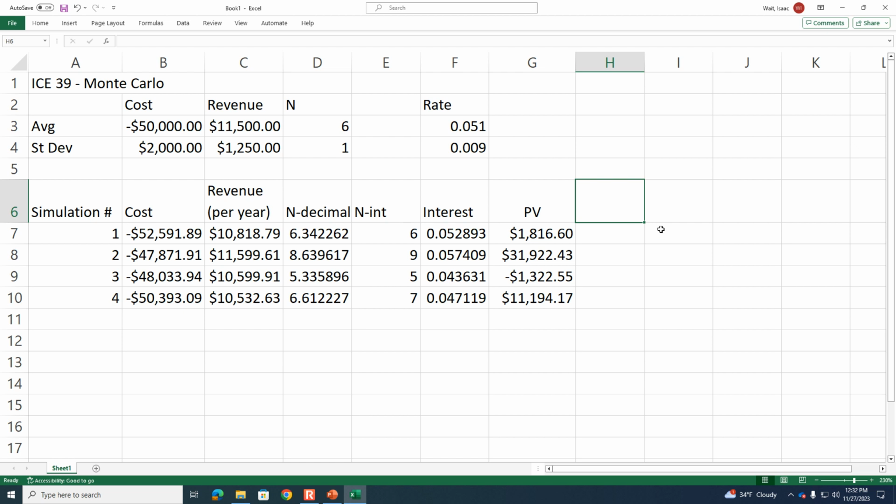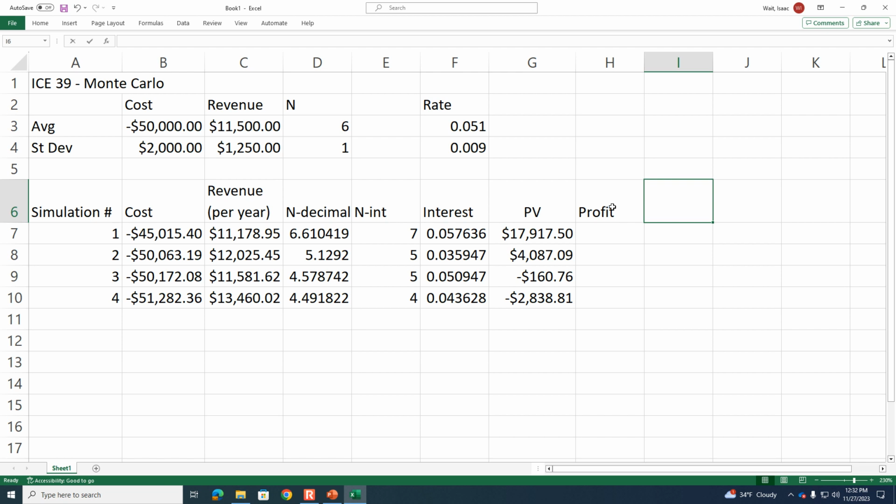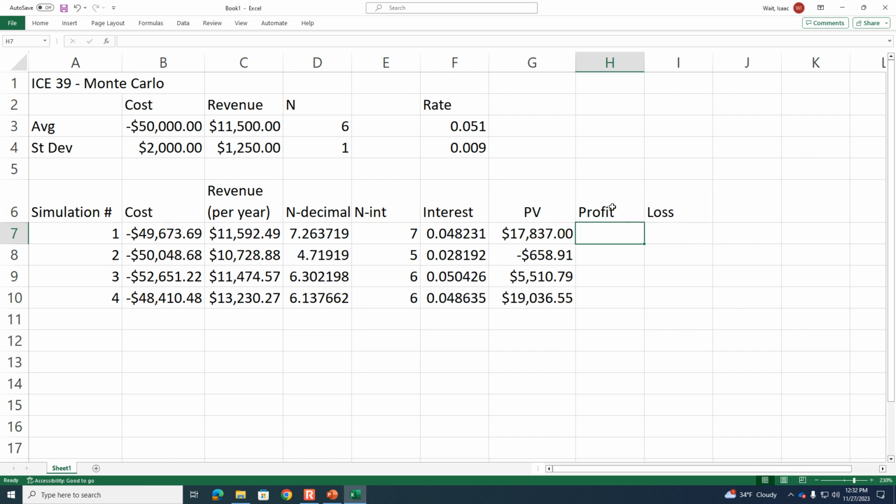So let's split that up, because this is going to include some which are profitable and some which are a loss. And so let's have a column where if it's profitable, it will tell us the amount, and another one where if it's a loss, it will tell us the amount. Okay, so now I need to do an if statement.